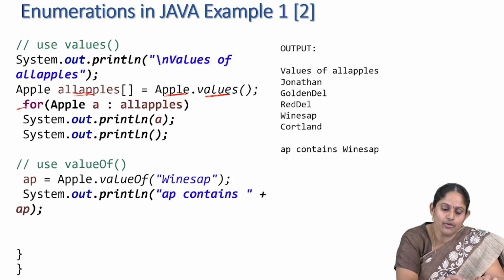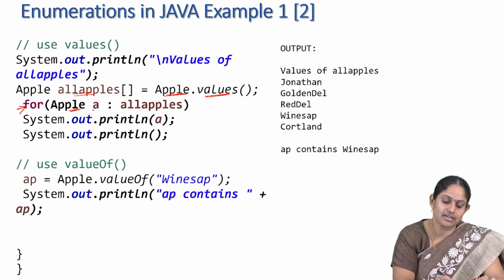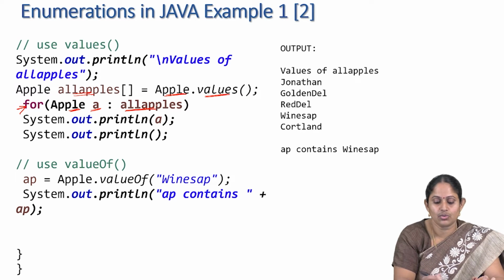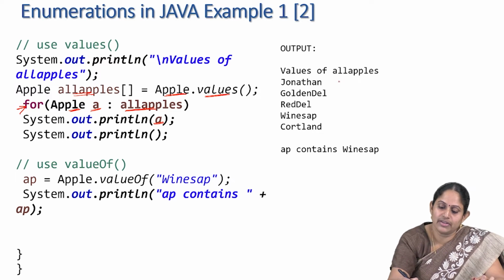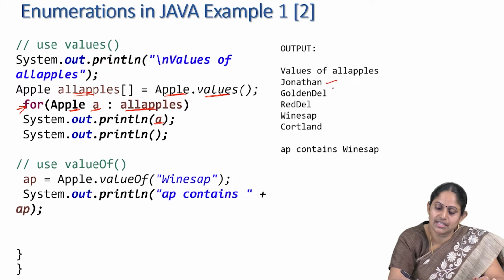Now we are using a for-each loop to iterate over that array. The type of that iterator variable is Apple. A is our iterator variable, and we are iterating through the array allapples and displaying the content. So we get Jonathan, Goldentail, Redtail, Winesap and Cortland.